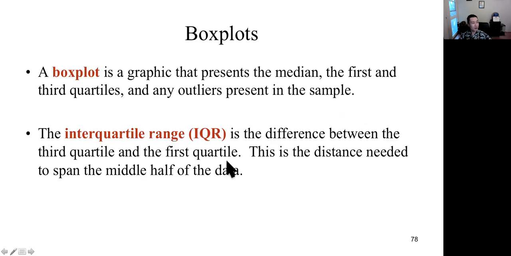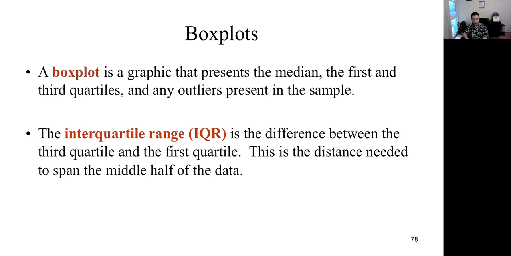All right. Next, let's look at box plots. I will say the box plot is also pretty useful. It shows us the quartiles and also where the median is, as well as the outliers. A box plot is a graphic that represents the median, first and third quartiles, and outliers.